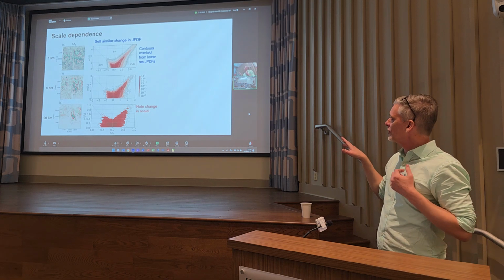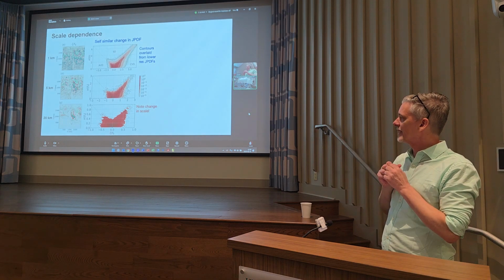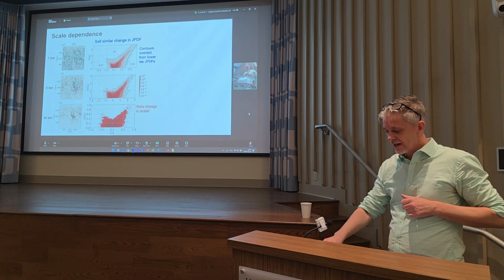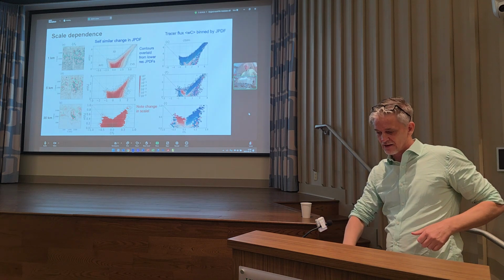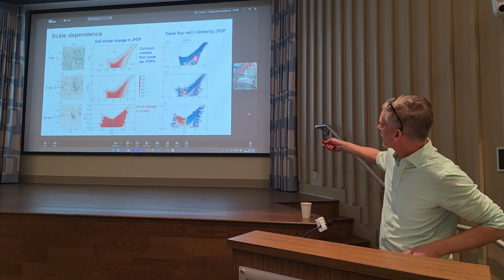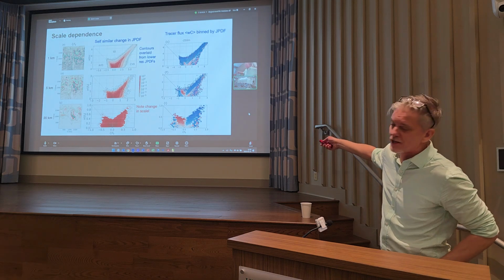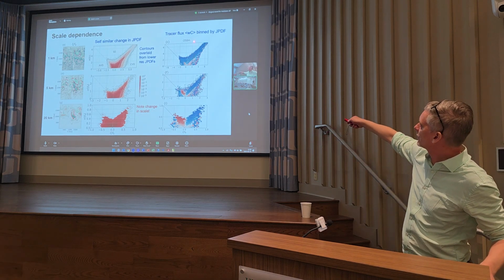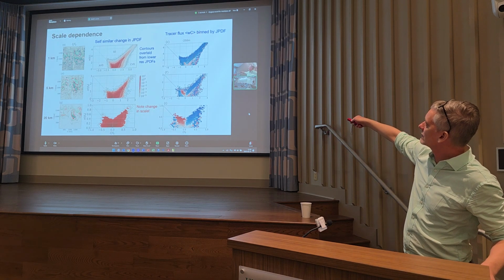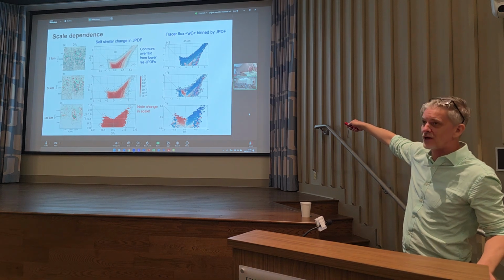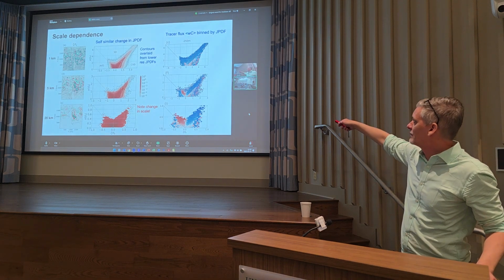So what this is telling you is that you're actually also getting scale from this. It's the same plot that I showed before, and you can see those contours a little bit better. This is now the same thing, only it's the tracer flux from below the mixed layer binned by this.